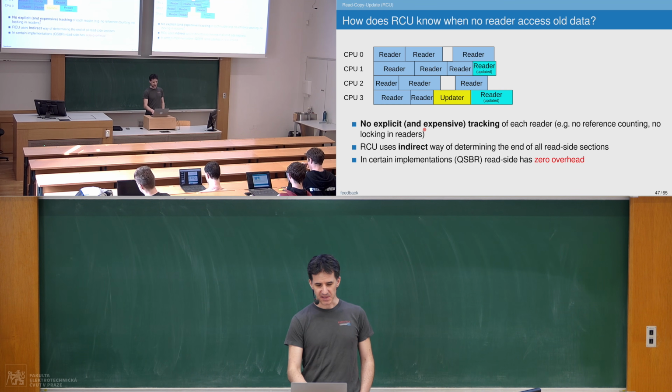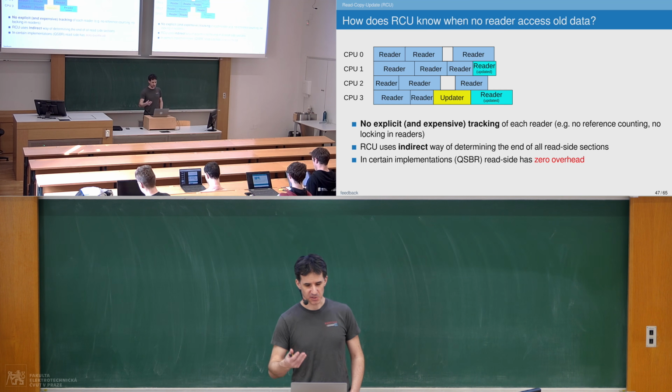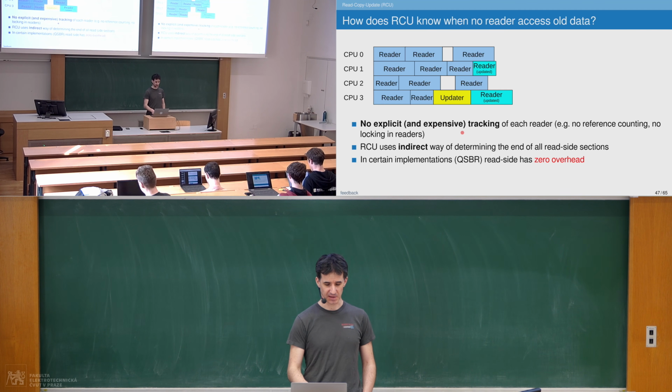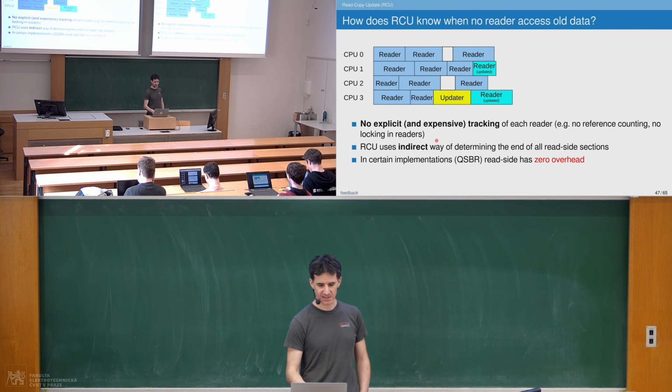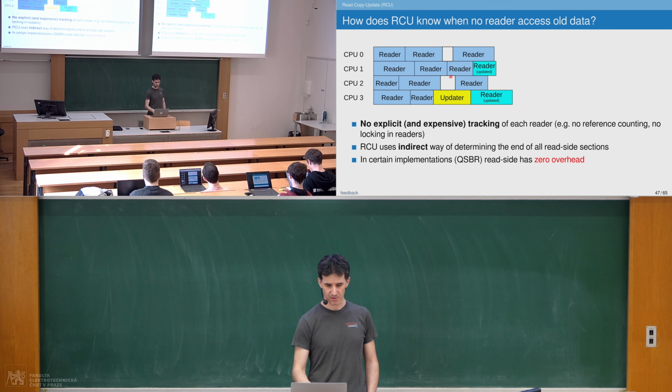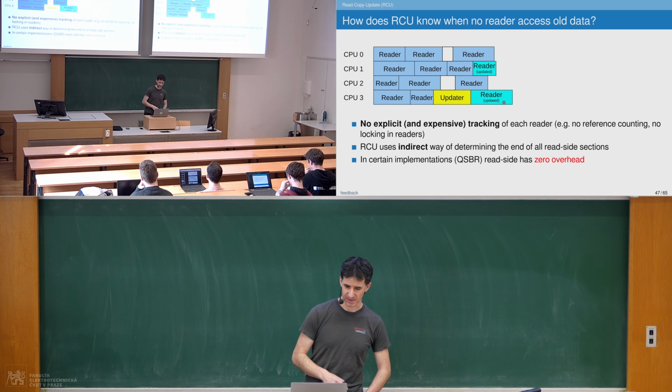I have already said that we don't want any explicit and expensive tracking of each reader, because this would be expensive. So RCU is based on a somewhat indirect way of determining the end of read-side sections, basically where the last reader which started reading here finishes there. So at this point in time, we can finally free the old data, because now every reader sees the new data.